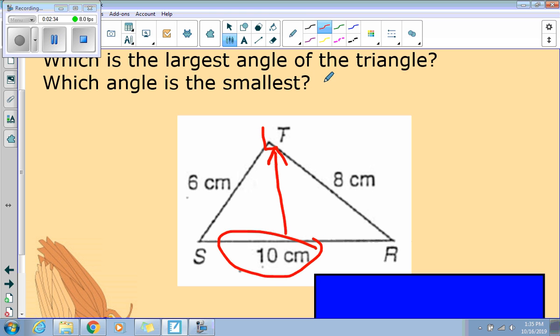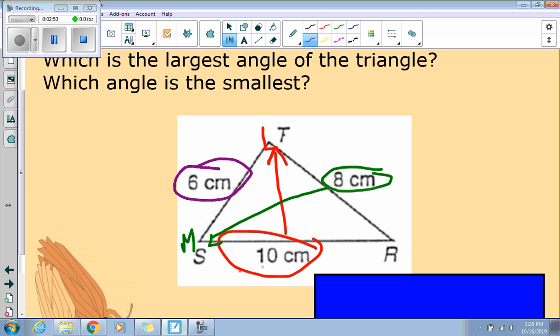Okay, then the next biggest number that we see here is 8. And across from 8 is going to be the next biggest angle for us. We're going to put an M for the middle angle. Okay, and then our smallest side is 6, and if we go across from side 6, we're on R, and that's going to be our smallest angle.